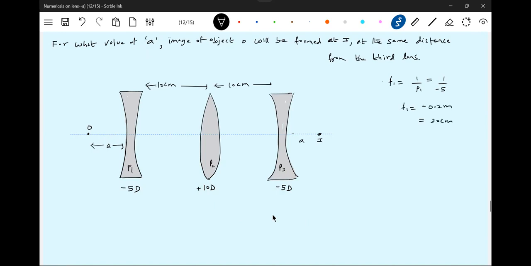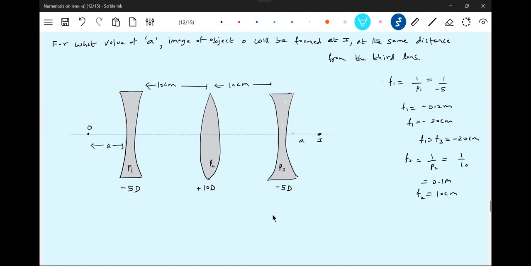Convert this to 20 centimeter, F1, and it is also equal to F3. Then for P2, F2 equals 1 by P2, which is 1 by 10, 0.1 meter, 10 centimeter.